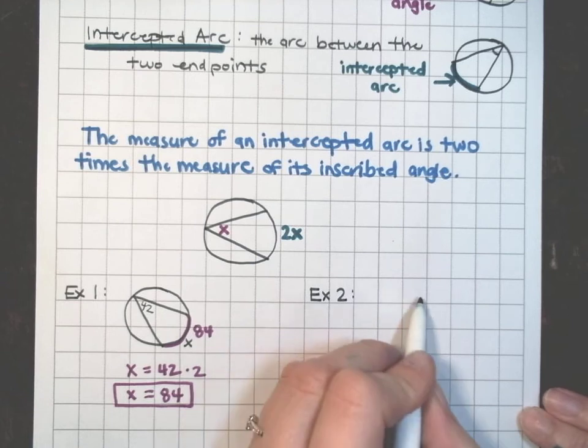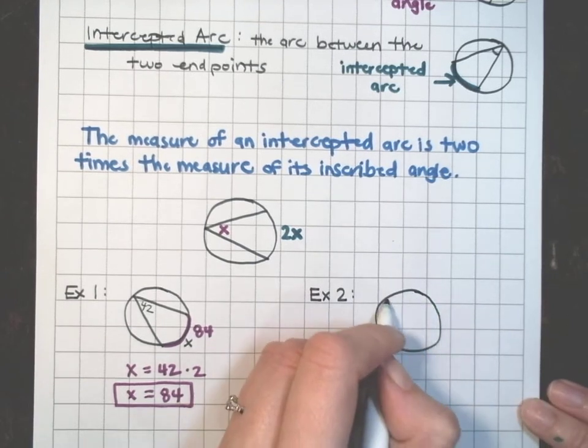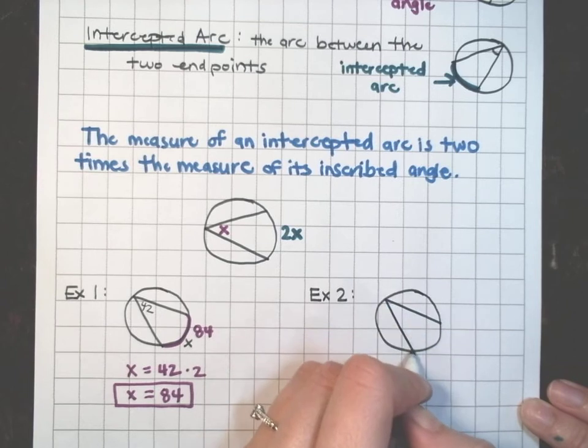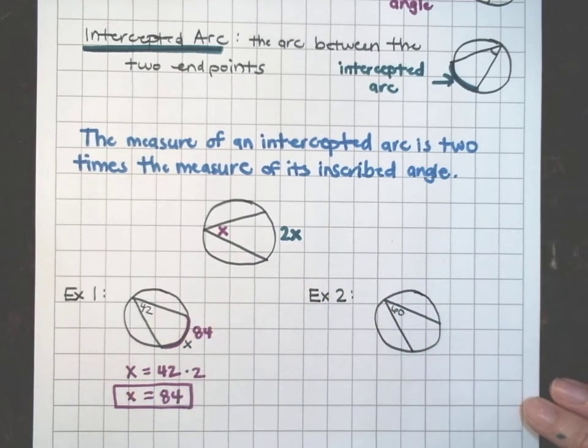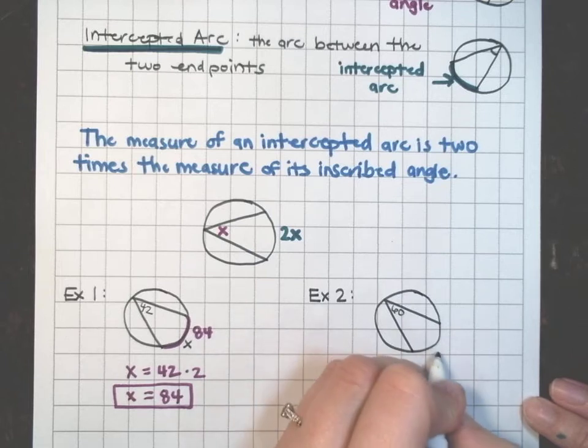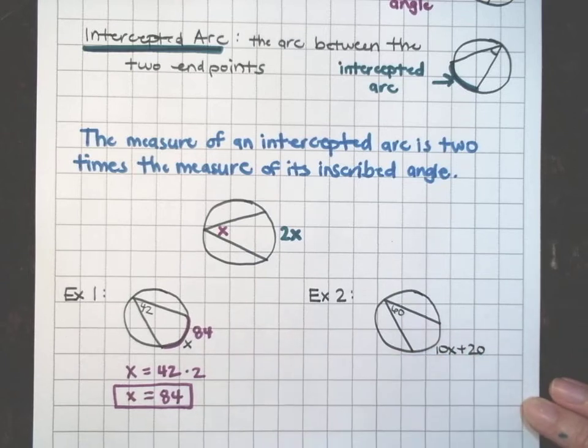Okay, then we'll do our second example that requires some solving. So our angle is 60 and our arc is 10x plus 20.